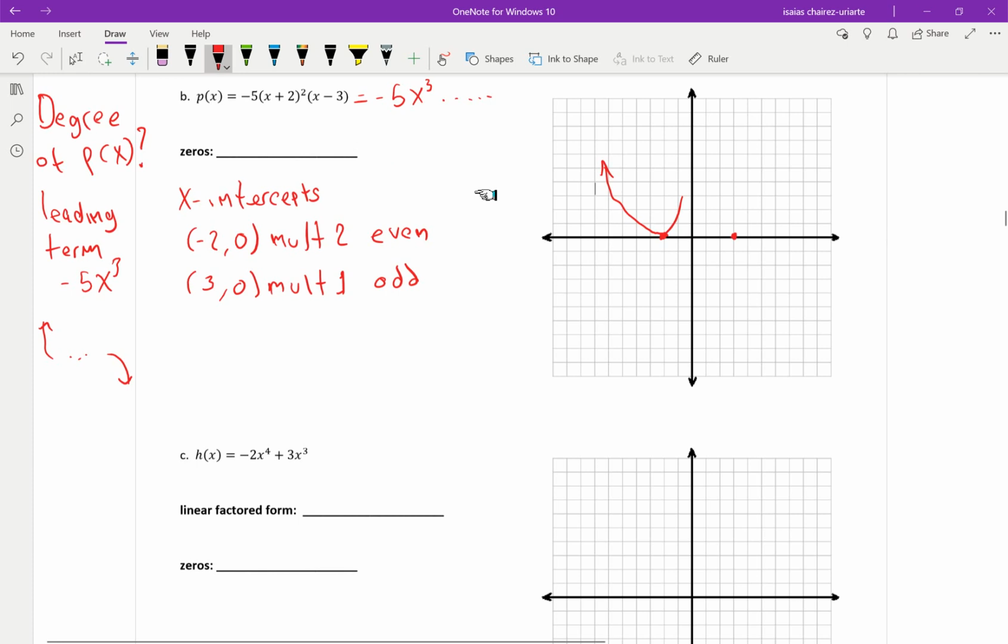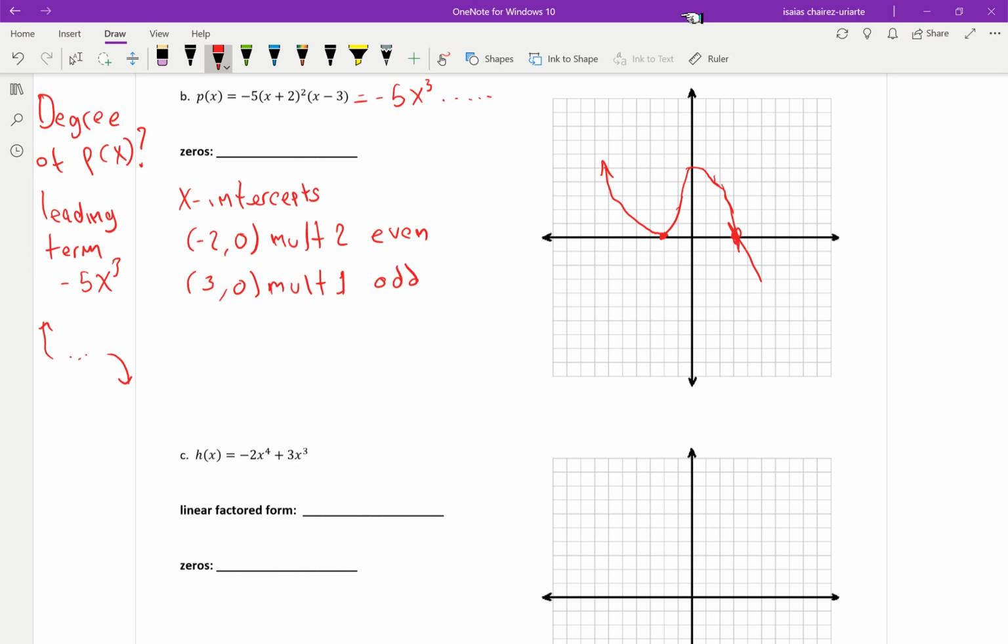And I know that my graph keeps on going up towards the left, because that's what I should expect from the leading term. Then my graph probably goes up, and then I'm supposed to hit the x-axis again over here at 3. Since the multiplicity is odd for that x-intercept, I cross the x-axis there. So I go way up here, and then I cross the x-axis right there.